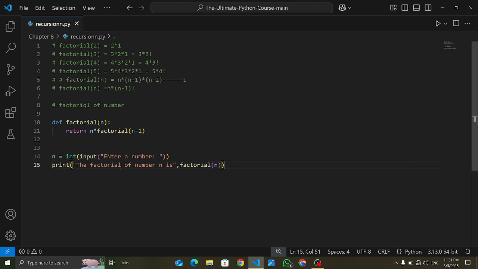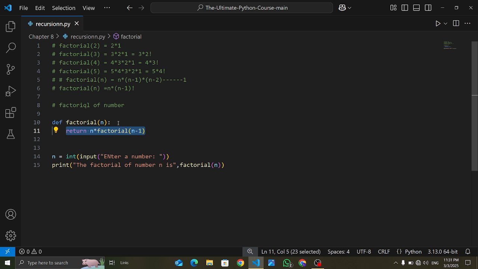Now, can you see that here's a problem? The problem is that when we call this function factorial n, it will call itself an infinite number of times, because we haven't given it the base condition.